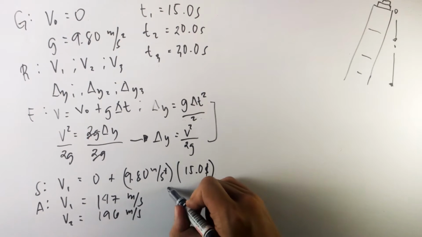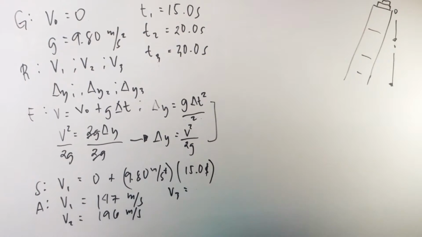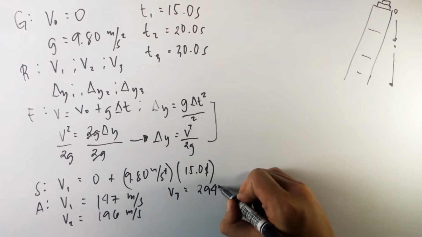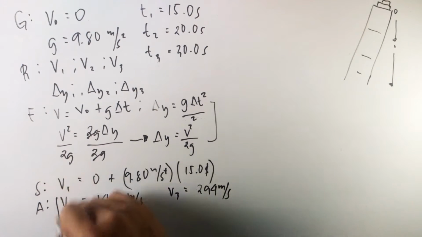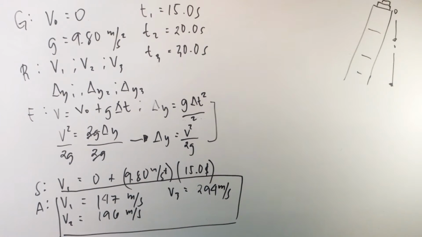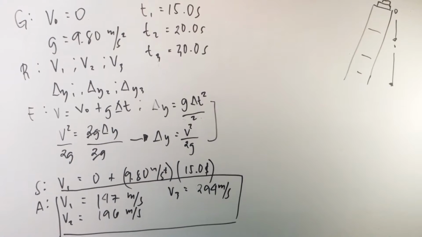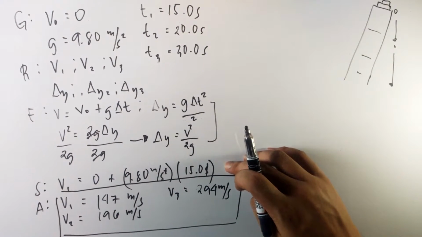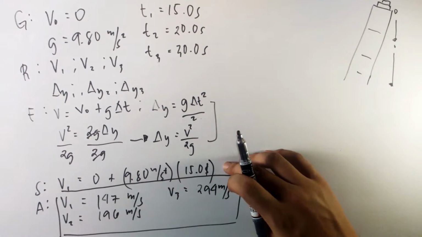Then for v3, this is 294 meters per second. These are your answers. Always box the final answer so I can easily distinguish the final answer, then trace back the steps that you did. The important thing here is to show the cancellation of units. I always want to see that.